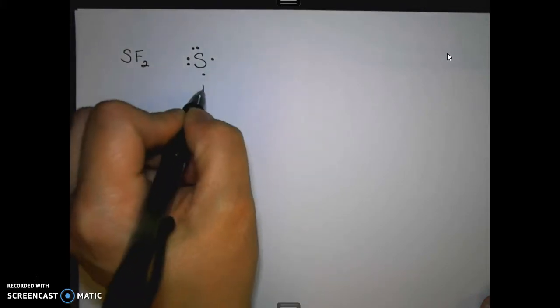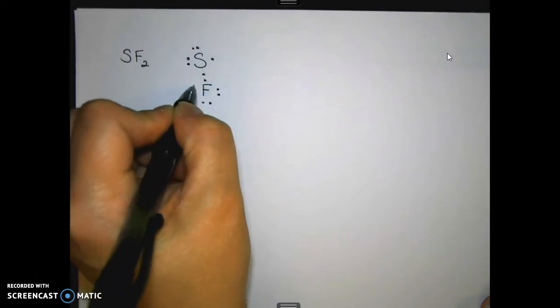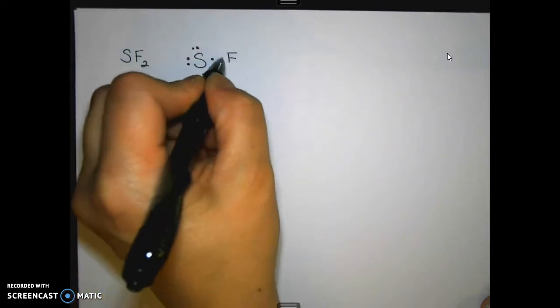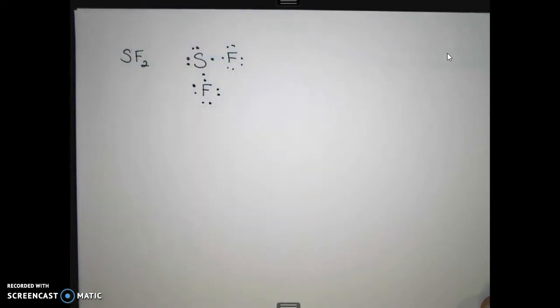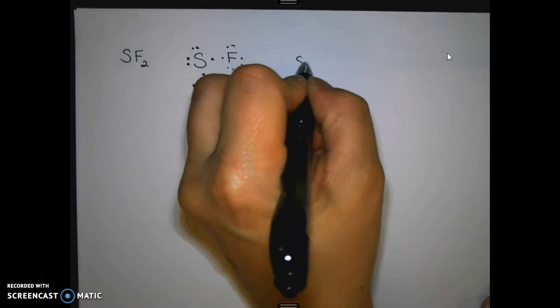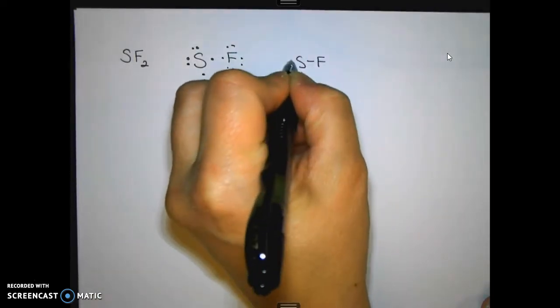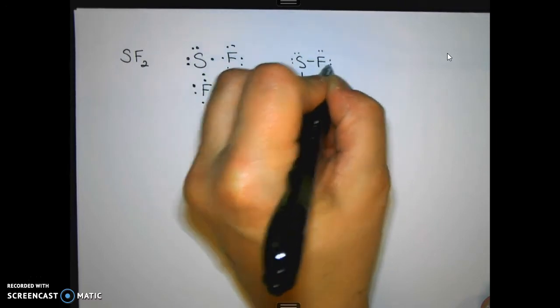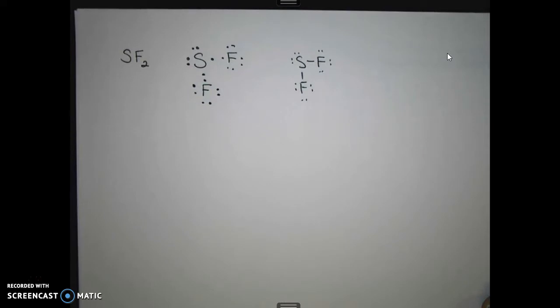So you're going to put the fluorine so that that lone electron lines up with the lone electron from sulfur. Then you've got that Lewis structure. We're going to change it so that the bond is actually a line rather than a pair of dots. And so then there's the structure for SF2.